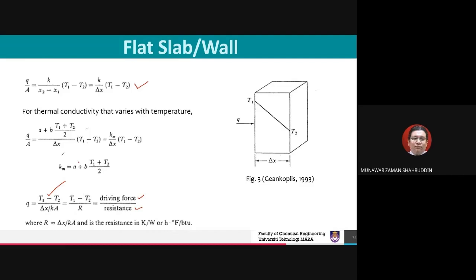For example, if you have this kind of equation, Q is equal to Ka over delta X times delta T. So delta T is the driving force, and the rest is resistance. In that case, delta X over Ka is the resistance. R is delta X over Ka.